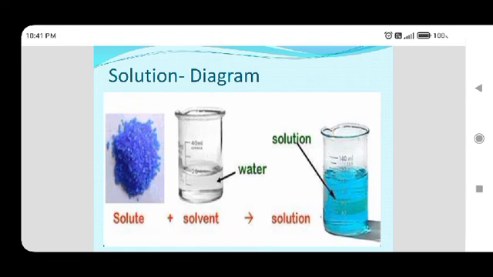In a different manner we can define the solution: a solvent is the one which dissolves the solute, and a solute is the one which gets dissolved. Clear? So the resultant content is the solution.